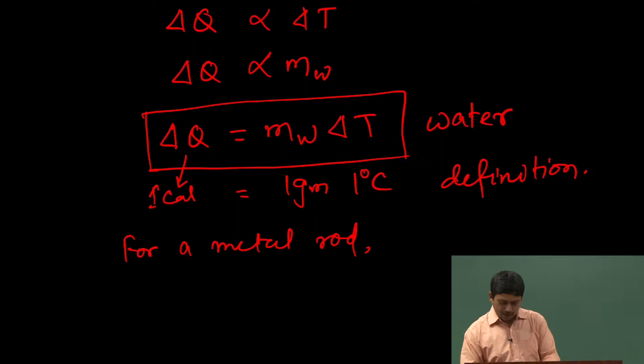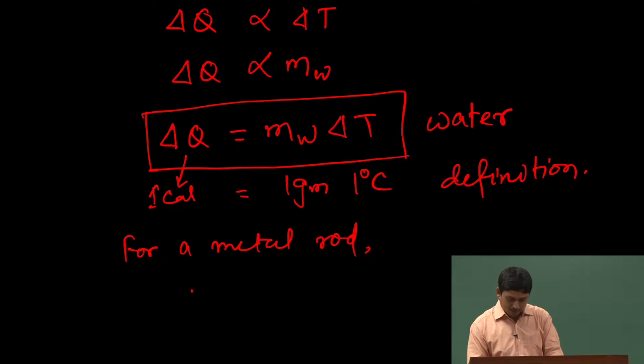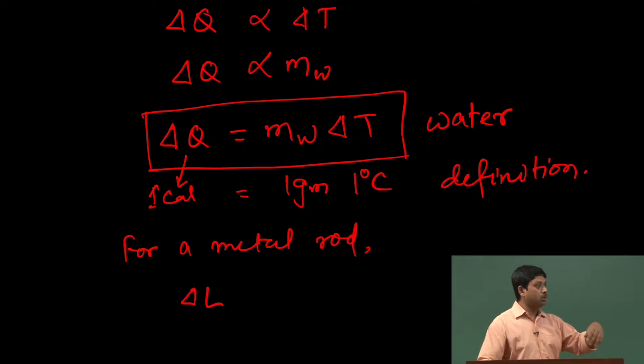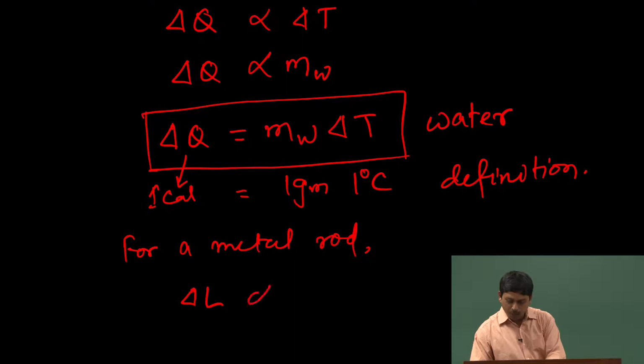So, when you change the length, because we have also seen that the increase of length will be proportional to the increase of temperature for a metal, this will be proportional to the length of the rod.